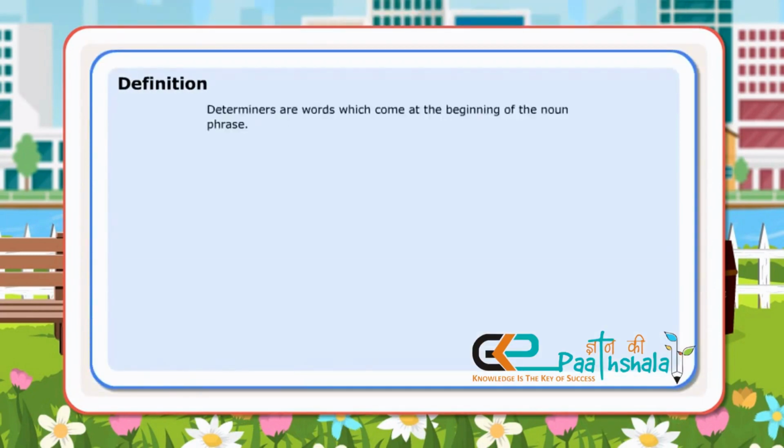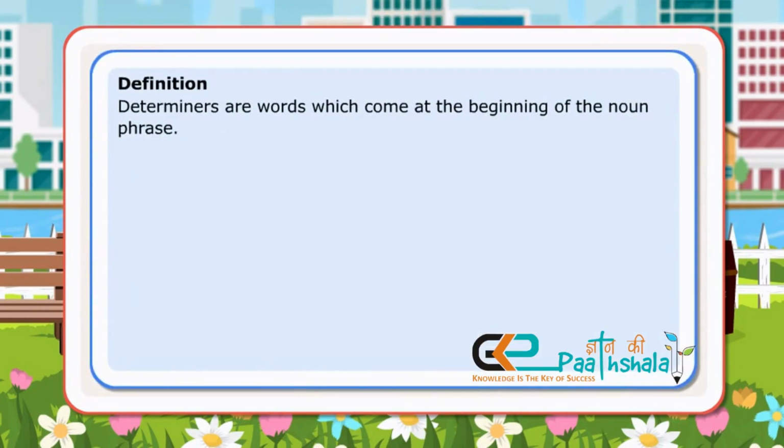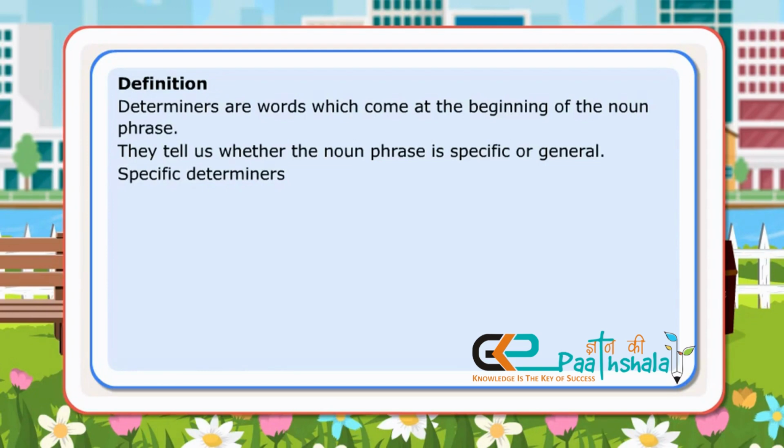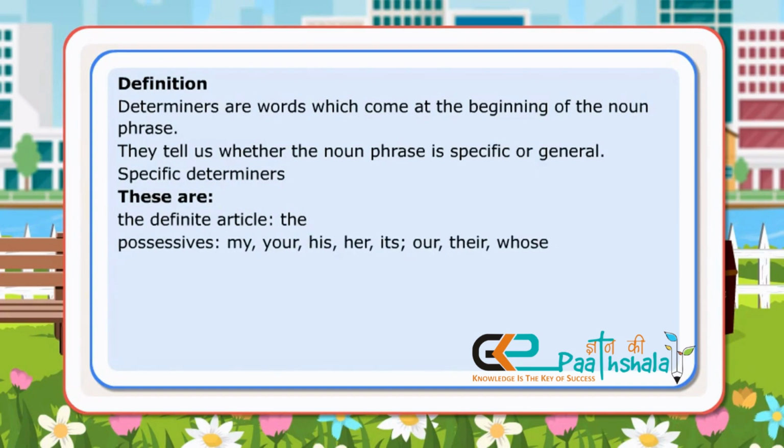Definition. Determiners are words which come at the beginning of the noun phrase. They tell us whether the noun phrase is specific or general. Specific determiners. These are the definite article, the, possessives, my, your, his, her, its, our, their, whose.